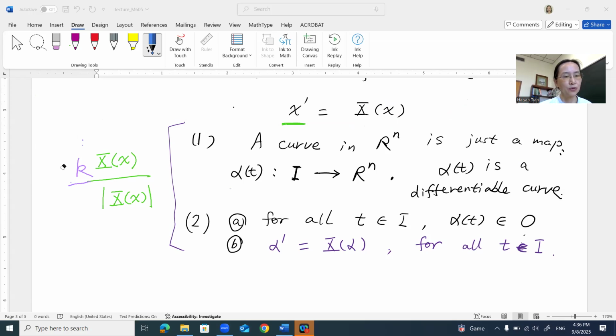That is one way to make the vector field nicely indicated with little arrows.